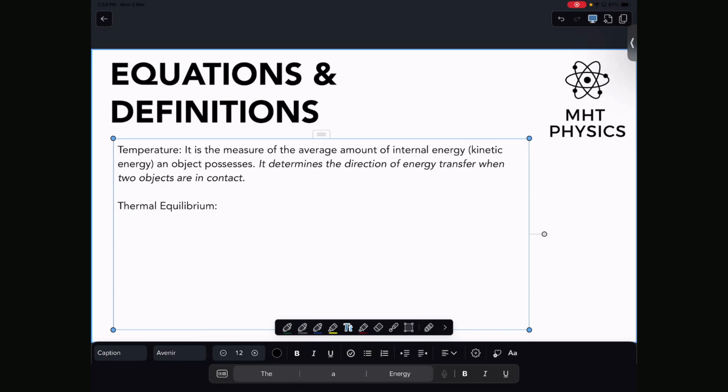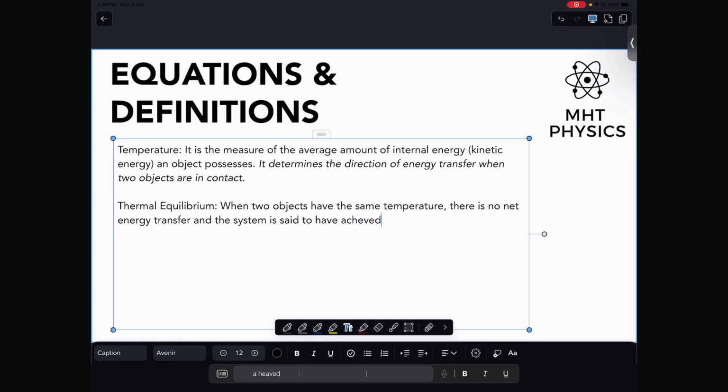The thermal equilibrium হচ্ছে when two objects have the same temperature, there is no net energy transfer. When two objects have the same temperature, there's no net energy transfer, and the system is said to have achieved thermal equilibrium.